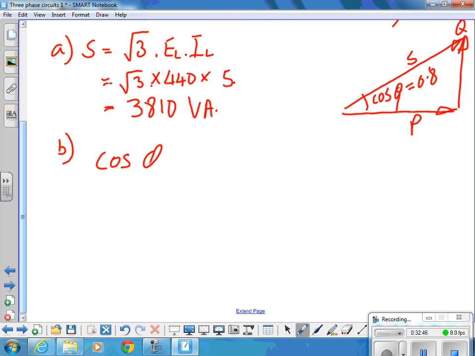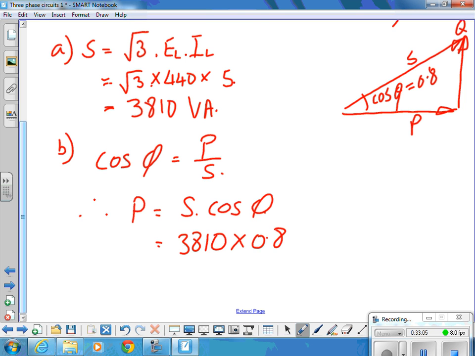Cos of the angle is P over S, which means P is S cos the angle. So that is 3810 times 0.8 equals 3048.